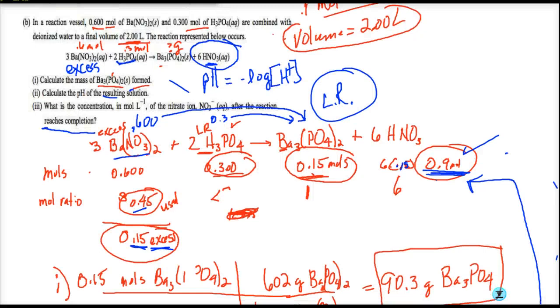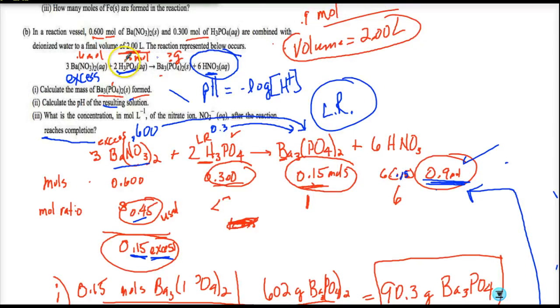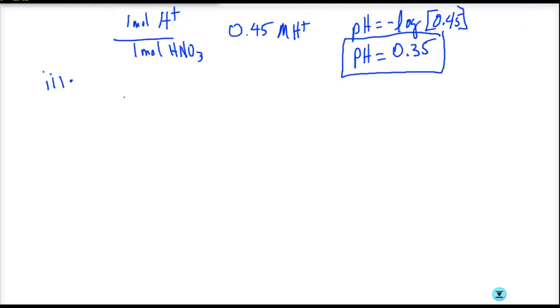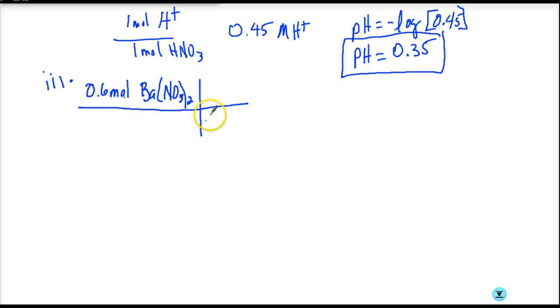So however many moles that is, 0.6 moles is what we started with of the barium nitrate, 2 moles of nitrate for every mole of the barium nitrate, all in 2 liters of solution. So we can do that. So 0.6 moles of the barium nitrate and 1 mole of barium nitrate.